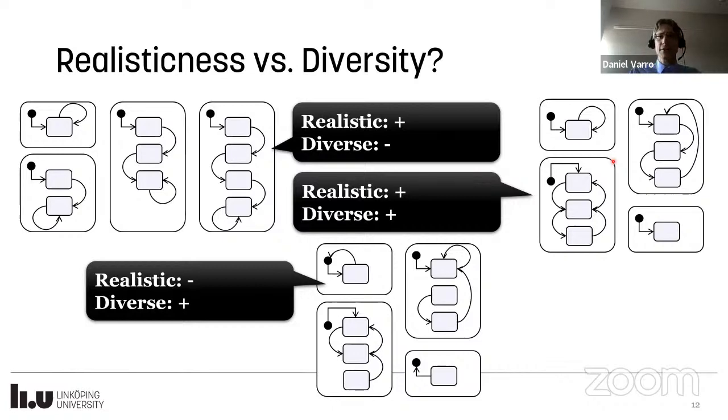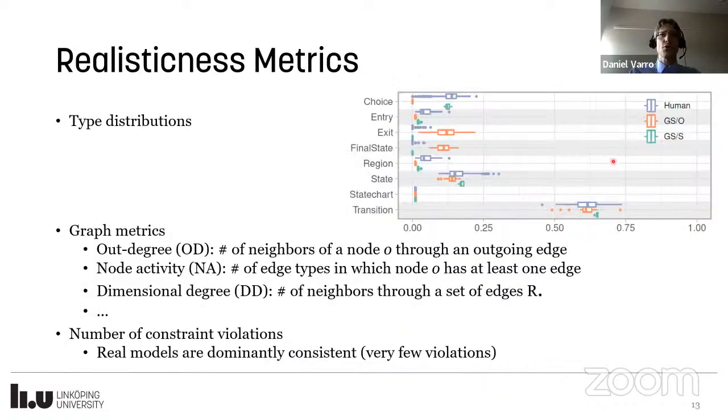On that note, you can also consider various kinds of realistic graph metrics, and you can borrow quite a few from the network science community. It starts with very simple ones, like the out degree, which is the number of neighbors of a node along an outgoing edge.